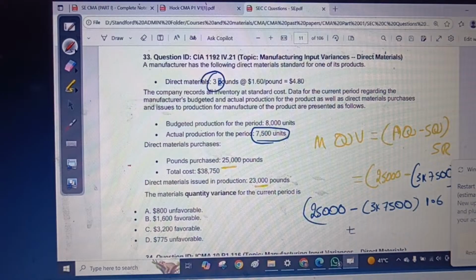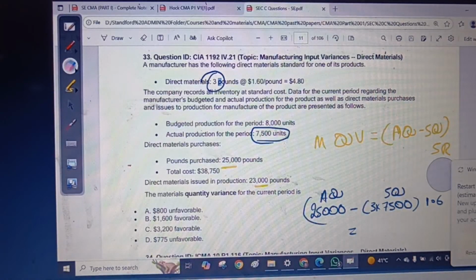What is the answer? Now, is it favorable or unfavorable? This is the actual quantity, this is the standard quantity. I think this is per pound, right?